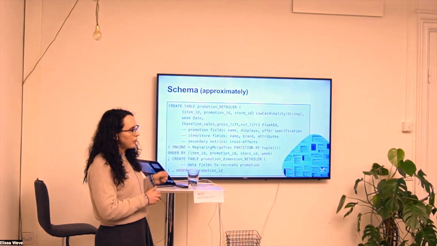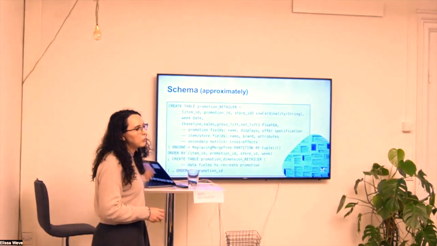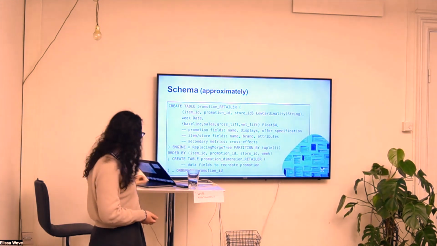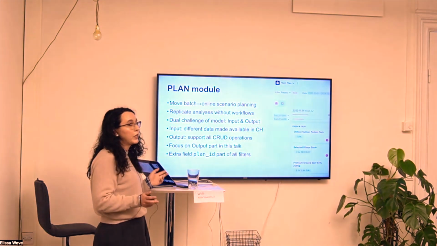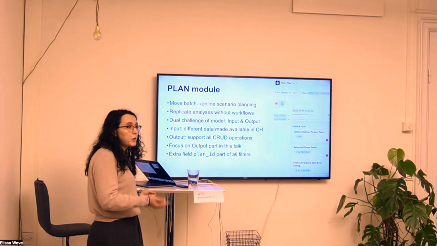And as a secondary effect of that, we would like to populate this whole promotion table with all of the generated metrics that we get from our models for that. And so that's basically the idea behind the plan module. So we had these batch analyses and they did some forecasting.